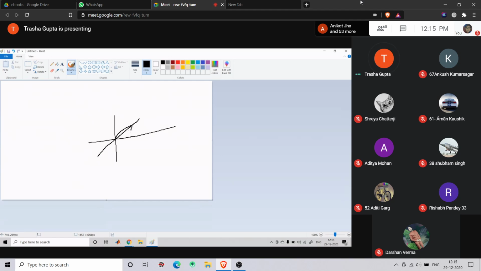This curve is symmetric about which axis? Y equals x. Y equals x, right? So we are going to study the various characteristics.